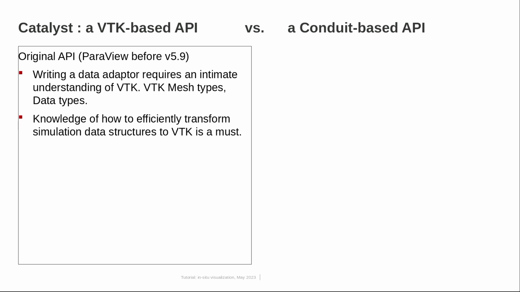Catalyst earlier, before version 5.9, was a VTK-based API, which means to write the data adapter, you had to know the internals of VTK, and it's pretty complicated. Furthermore, you have to know how to efficiently map your data to the VTK object. So this was not easy.